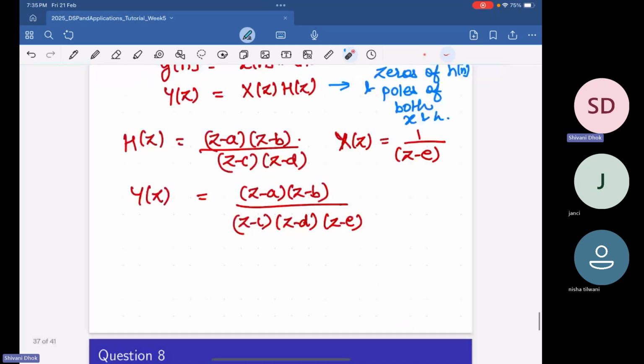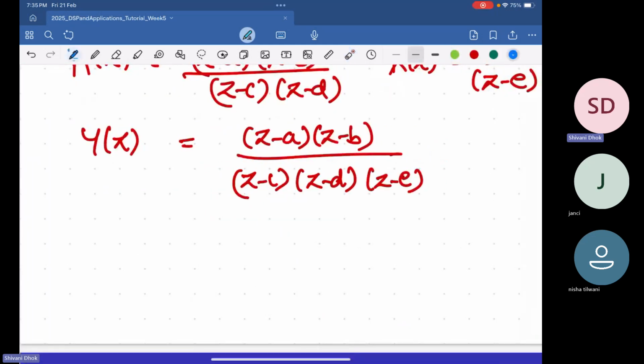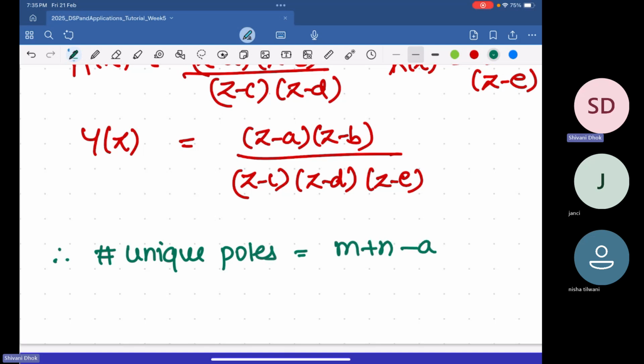So therefore what we get is the number of unique poles as m plus n minus a. Now, is this correct? My question is, whatever I spoke till now for this equality, is this equality correct?